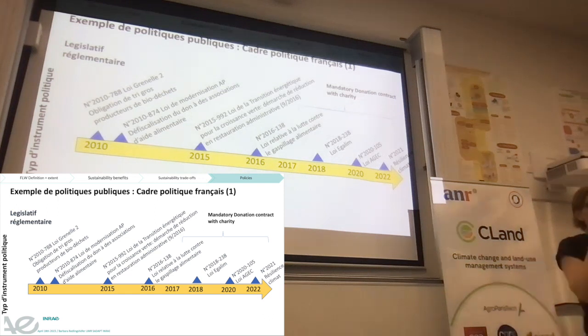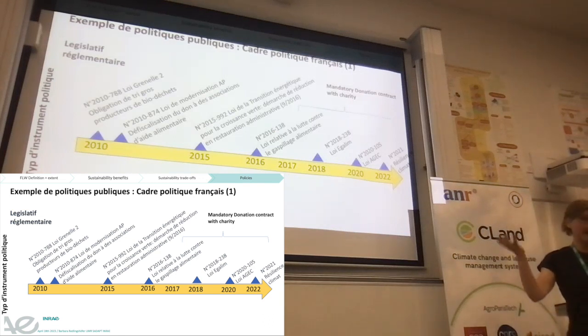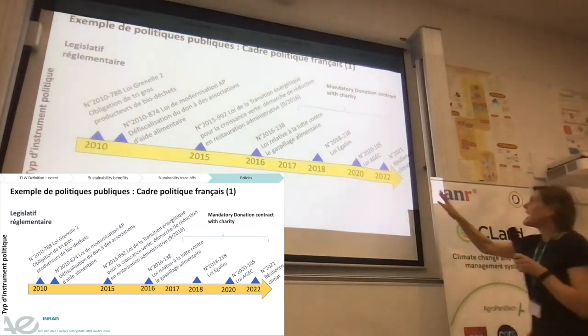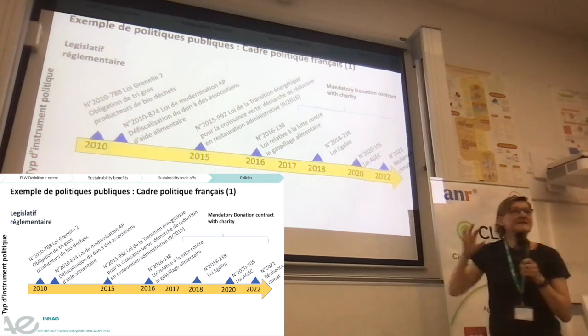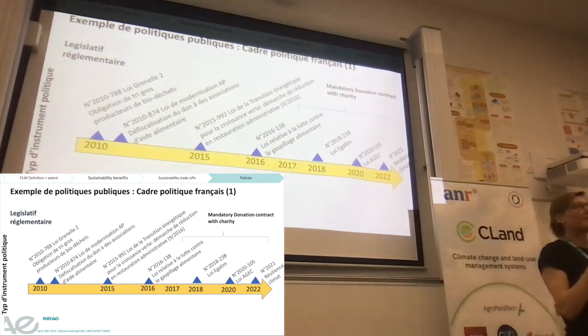More specifically, they push them to have a contract, but they do not specify a certain amount or a certain percentage of food. And we have no idea either how much food is actually donated. We don't know how much food is wasted either, but we know that there is a mandatory request to have a contract with charity. This is basically the main pillar of the French food waste policy: donation to charity.